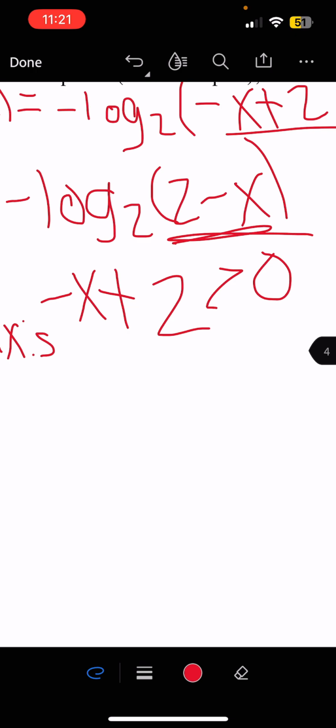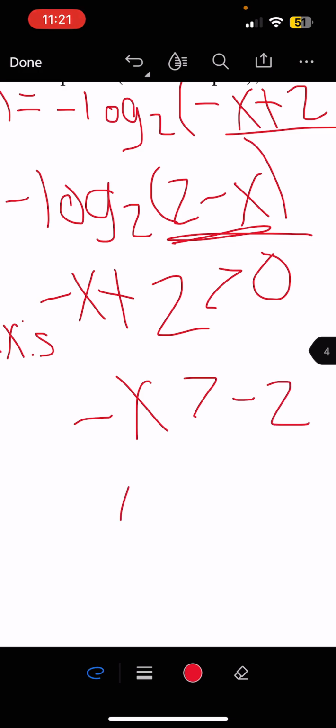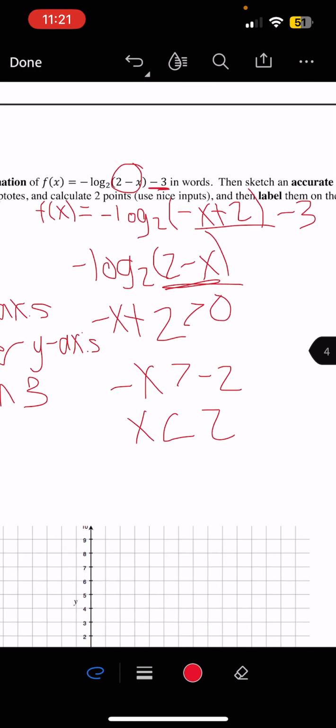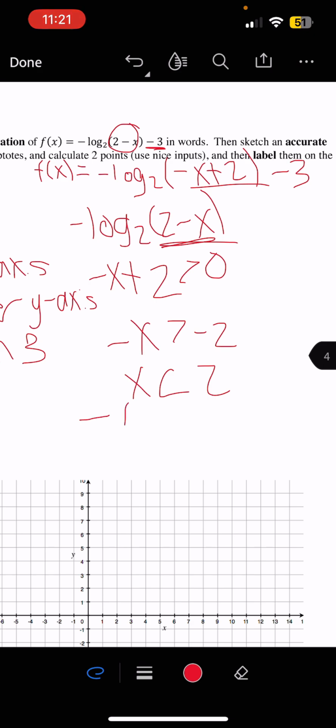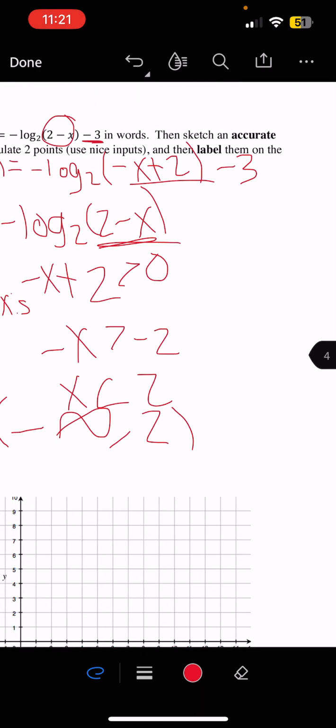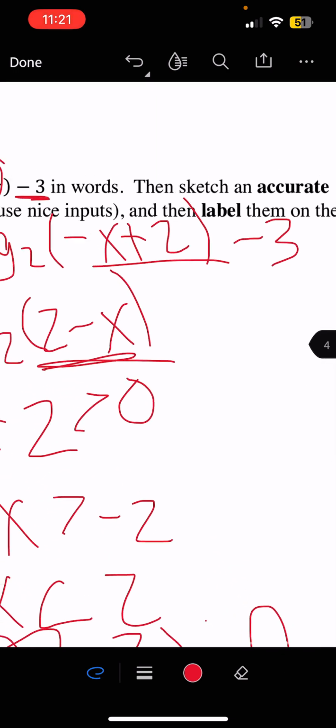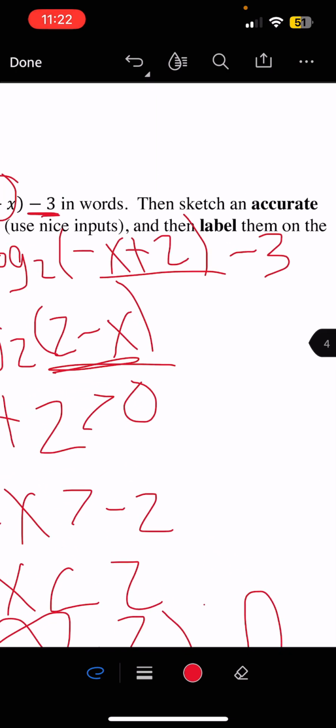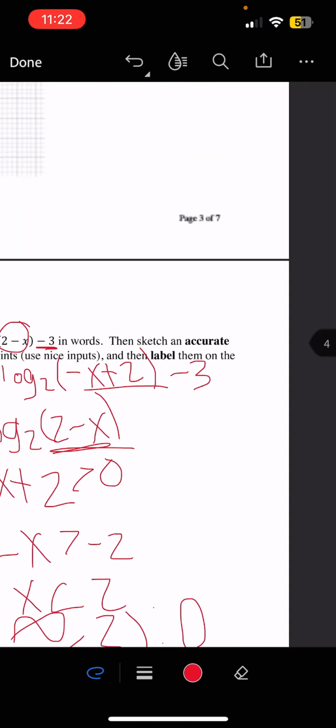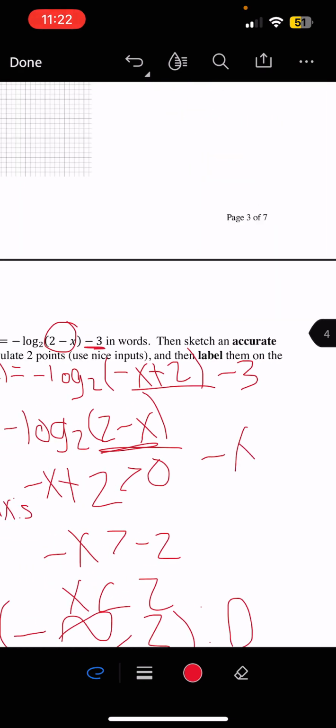So now we have negative x is greater than negative 2, so x is less than 2. That means that our domain is going to be negative infinity, comma 2. Okay. And now for our vertical asymptote, we're going to check for that by setting negative x plus 2 equal to 0.